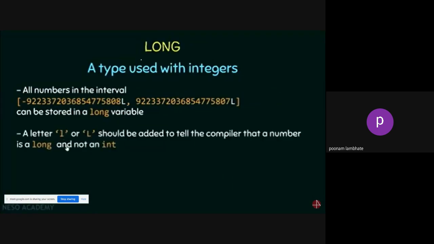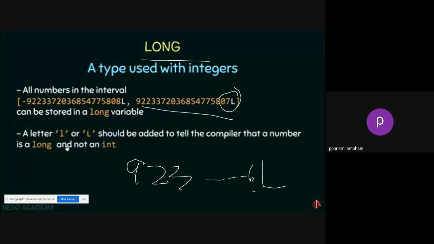Now let us see long. For long, in order to indicate that the value is in the range of long, you must write an L at the end, either capital L or small l.